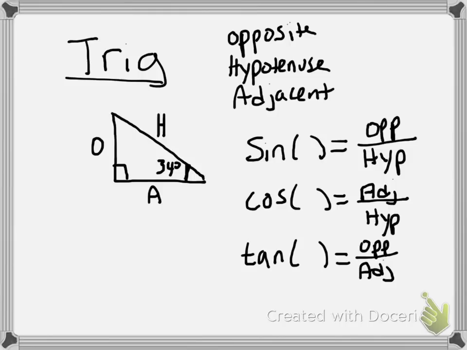Now, in order to memorize these, because they're not going to give you any sort of formula on your exam, I've created a saying. It says, some old hippie, and there's our sine right there. S-O-H. So some old hippie caught another hippie tripping on asphalt.